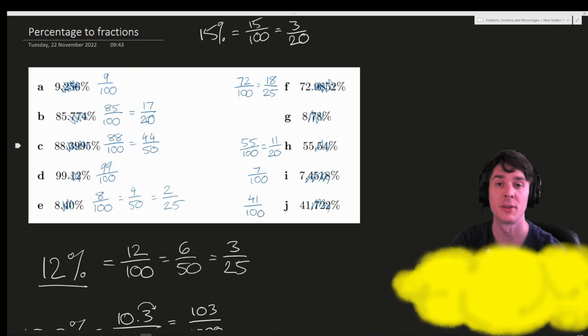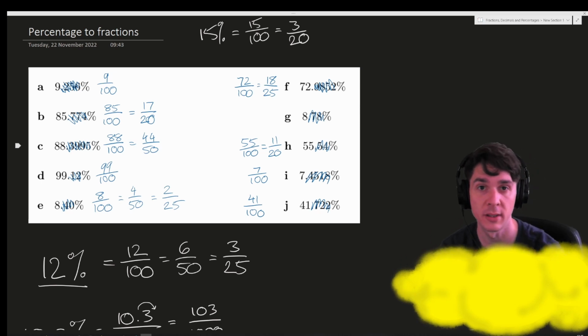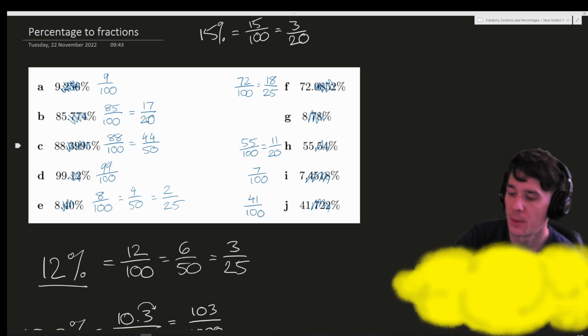Okay. Now, the last thing that I want to explain is a bit of a hack that will make it easier for you to know when you're done simplifying.